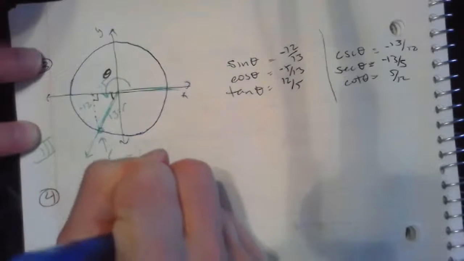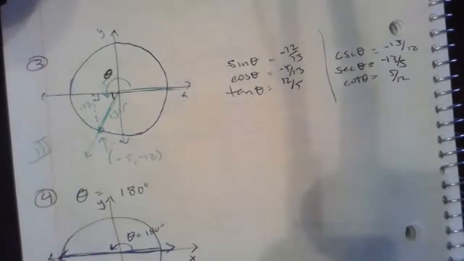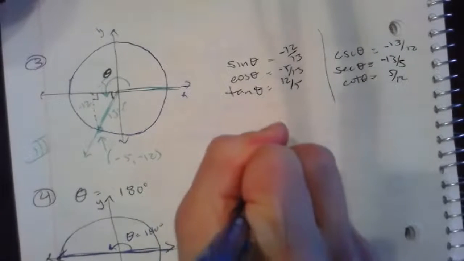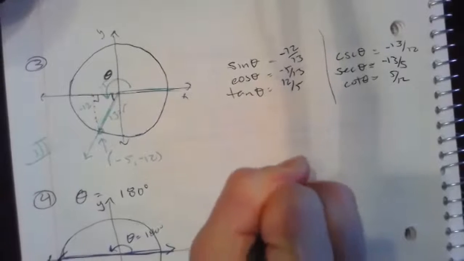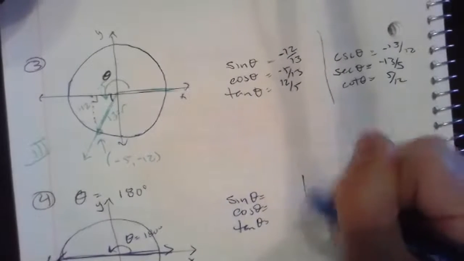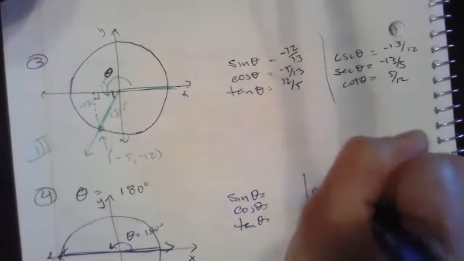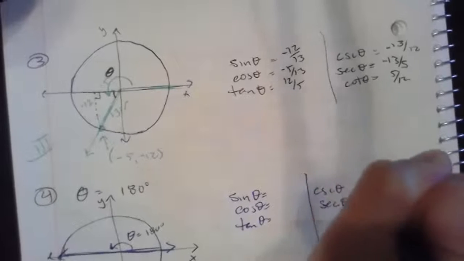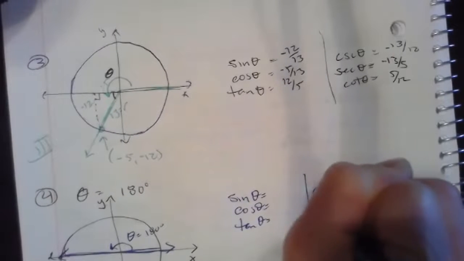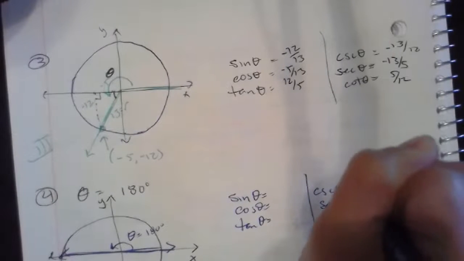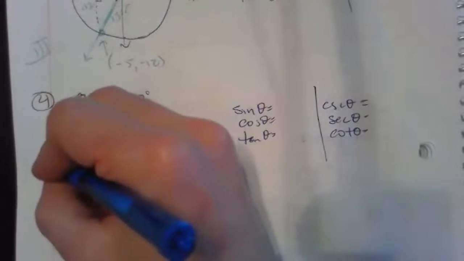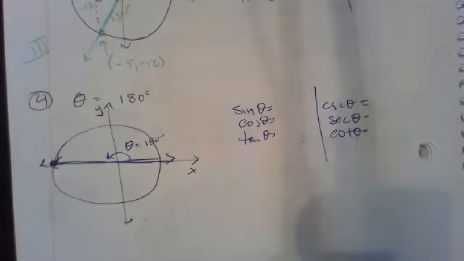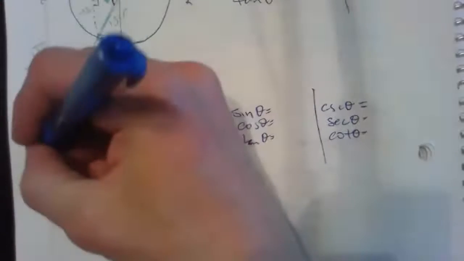Theta is 180 degrees. All right, well, let's write our chart down, our table. All right, and now we just have to figure out, but wait, why don't you go back to your unit circle? What is the x and the y out here?